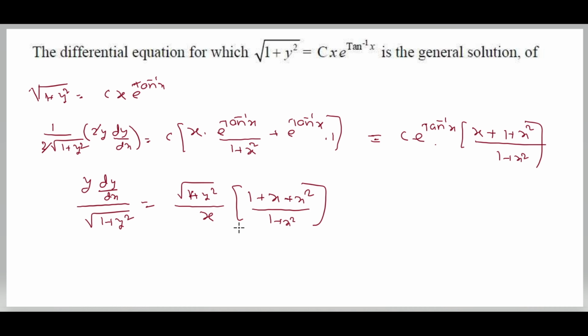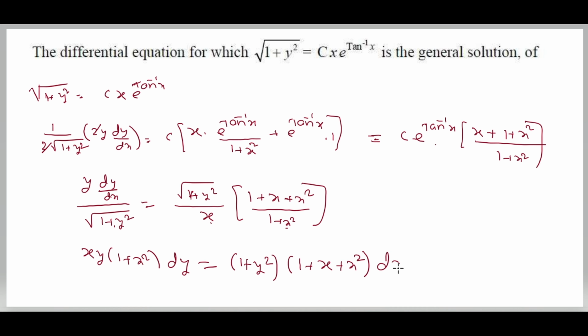So take cross multiplication, that is x into 1 plus x square into y, that is xy into 1 plus x square into dy is equal to root 1 plus y square into root 1 plus y square, that is 1 plus y square into 1 plus x square into dx. This is the differential equation of the given equation.